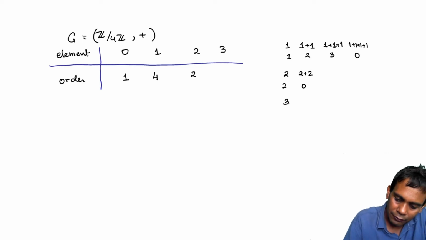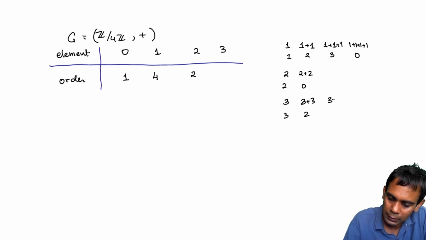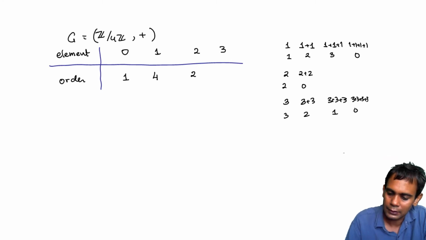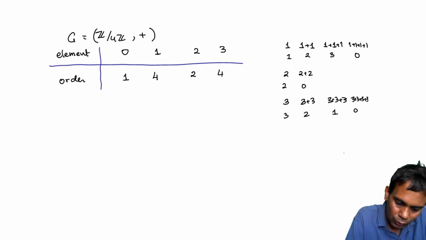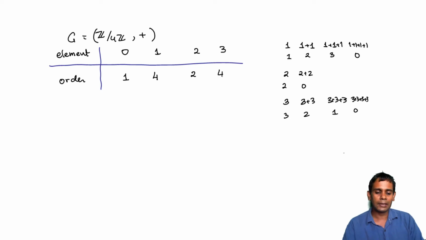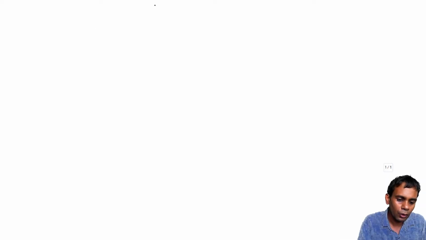For 3 we have 3 plus 3, which is 6, which is 2 mod 4, 3 plus 3 plus 3, which is 9, which is 1 mod 4, but when you do it 4 times you get 0. So 3 again has order 4. So Z mod 4Z has 4 elements, one of which has order 2, another has order 1, and 2 elements of order 4.